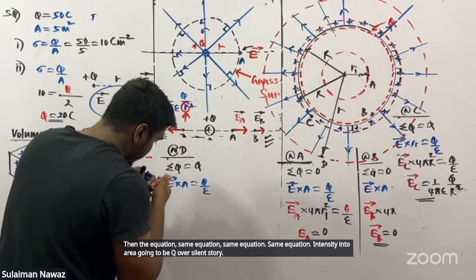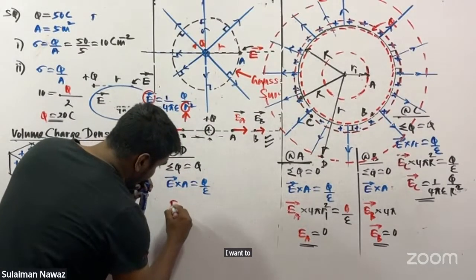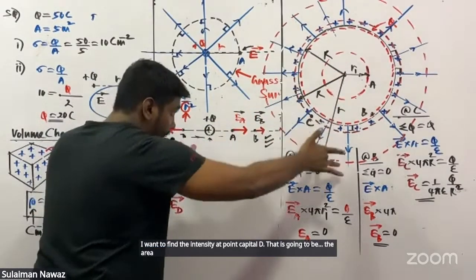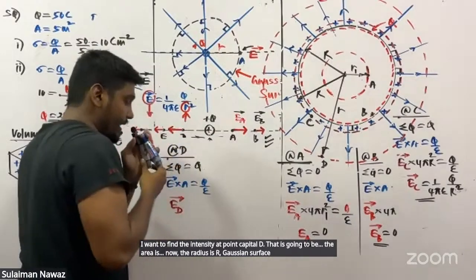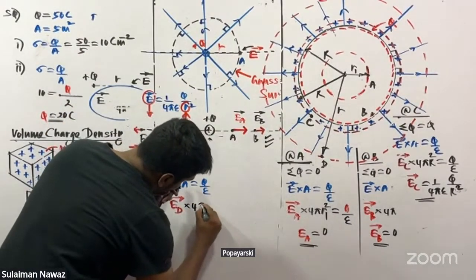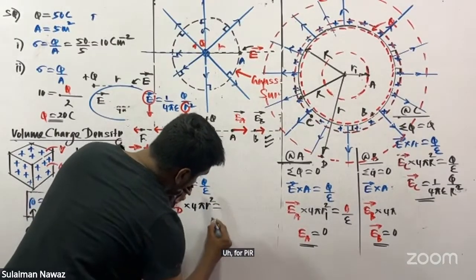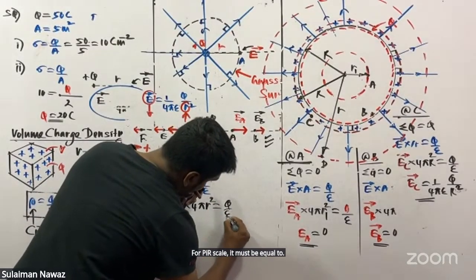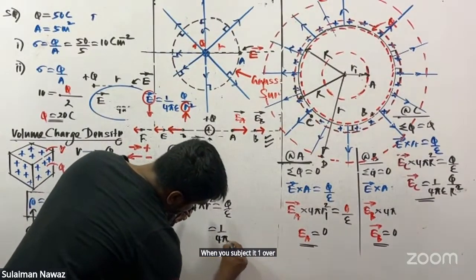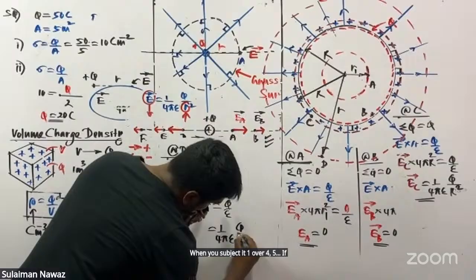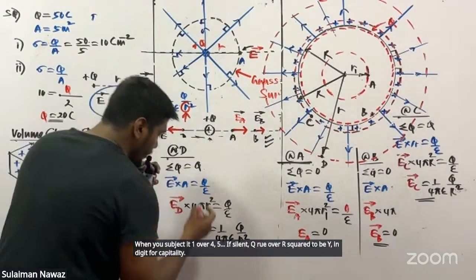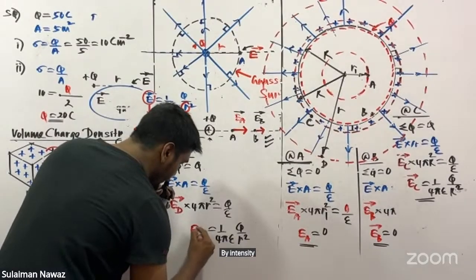I want to find the intensity at point capital D. The radius is r, so the Gaussian surface area is 4 pi r squared, which must be equal to the total charge Q over epsilon. When you substitute, 1 over 4 pi epsilon, Q over r squared is your intensity at point capital D.